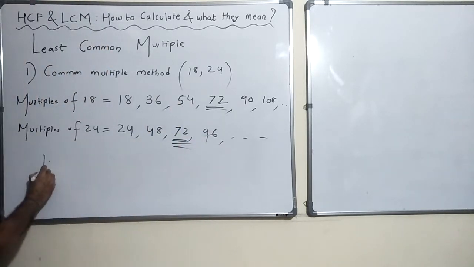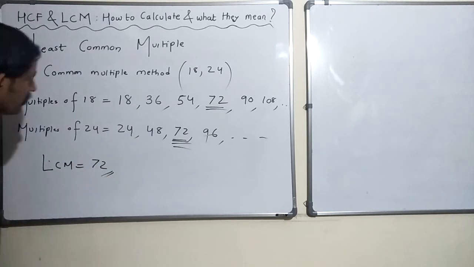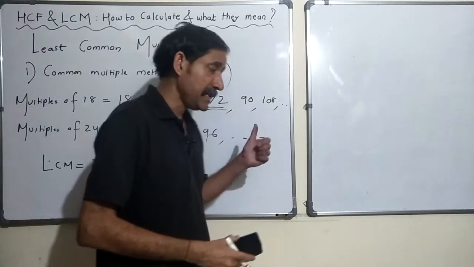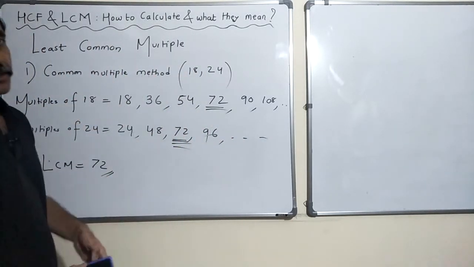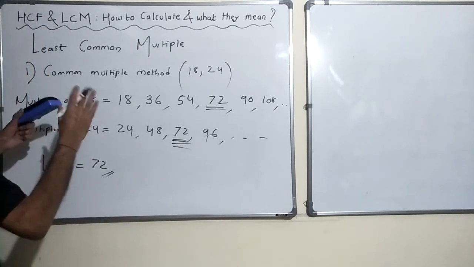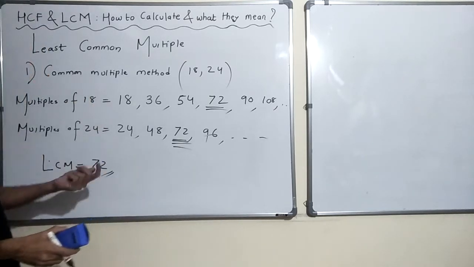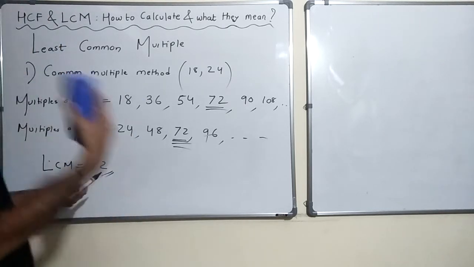So the LCM becomes 72. But as you can see, finding the LCM using this method for large numbers is going to be very laborious. Just remember, for small numbers this is a great way of finding the LCM. Let's move on to the next method.